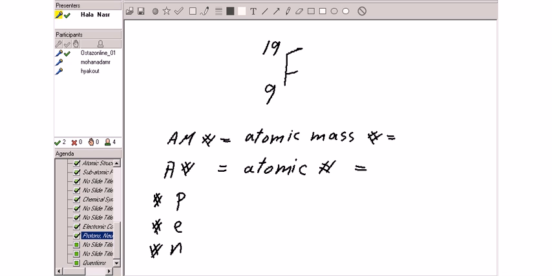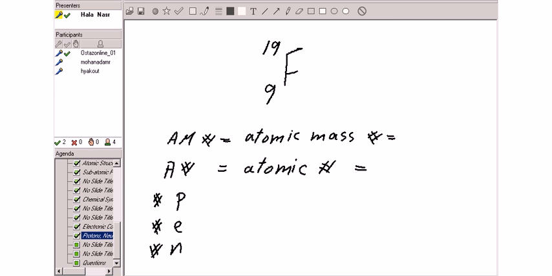Now, we said the atomic number, is it the smaller or the bigger number? It is a bigger number. No. To know this, we say the mass number means it's the huge, the big number, which contains both protons and neutrons.